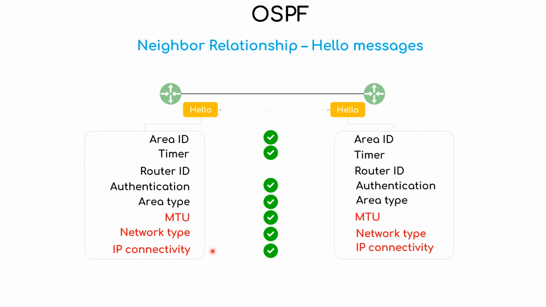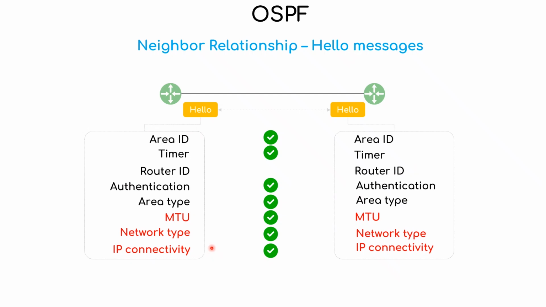Understanding this requirement is important not only for implementation but also for troubleshooting. Let me give an example. After I configure OSPF on two routers, when I check the OSPF neighbors, I see they are stuck in the ExStart and Exchange state.